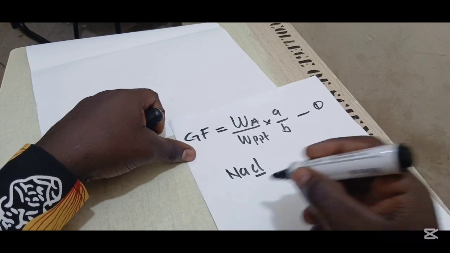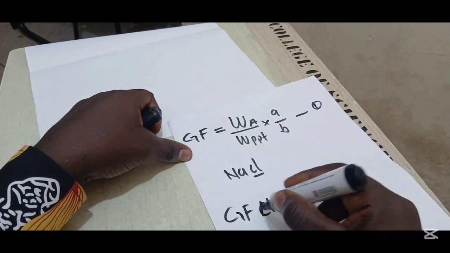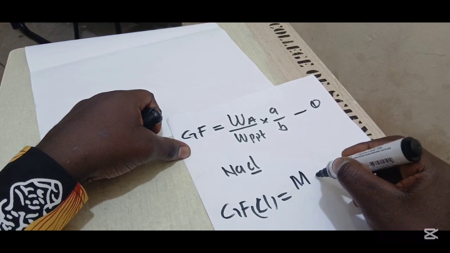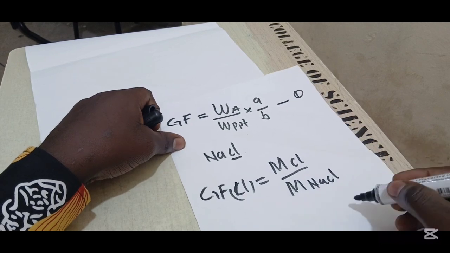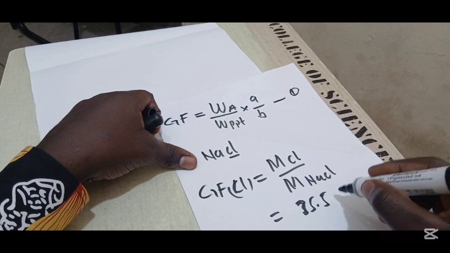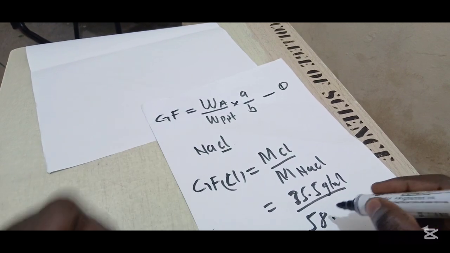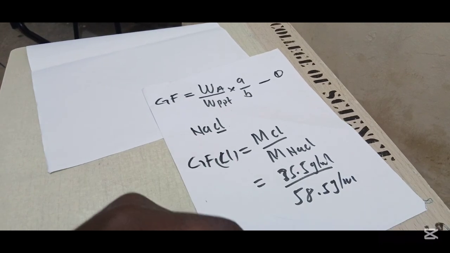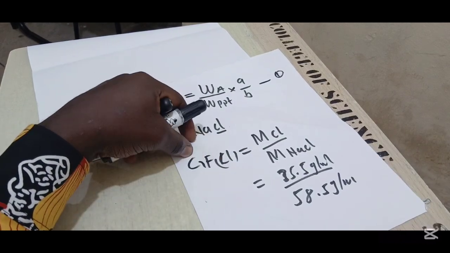So with this, our GF for chlorine is going to give us molar mass of chlorine over molar mass of sodium chloride, and this is going to give us 35.5 grams per mole, all over 58.5 grams per mole. So simplifying this gives us a gravimetric factor for analyte chlorine.